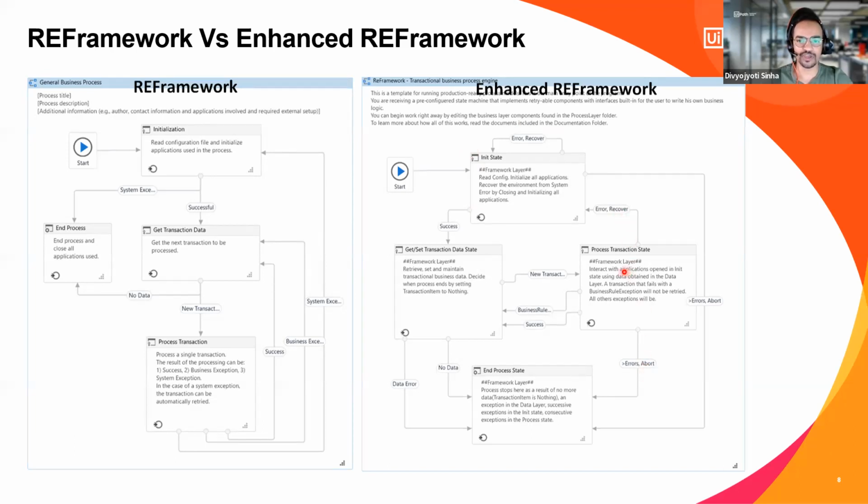So for each of these states, we are checking whether the continuous max retry number is reached or not, and only if it has not reached, we go into the error recovery part to retry the particular transaction. But if that number has been exceeded, it goes to the abort state, which is the end process state, right? So for each of these blocks, you can see the error recovery and error abort. And if any exception is encountered in the get transaction data state, it goes into the data error, that is the end process state.